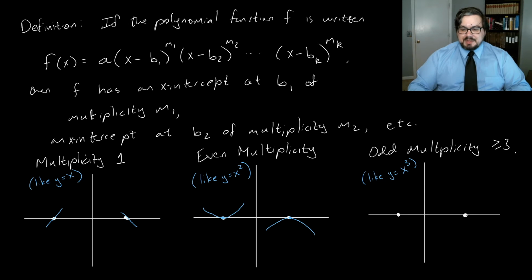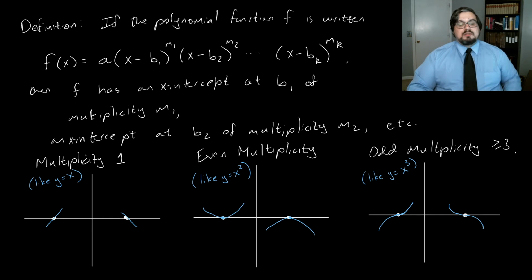Now that means that the graph is still going to go through the x-axis, but it's going to flatten out as it does so. So if an intercept has a multiplicity that's odd but greater than 1, 3 or greater, then it's going to flatten out when it reaches the x-axis before continuing on its way.